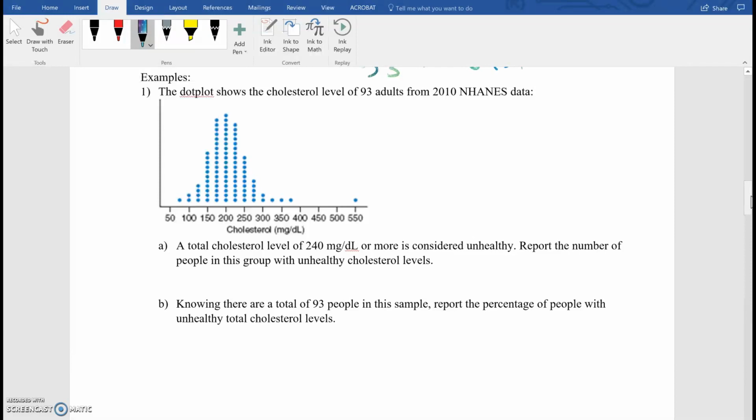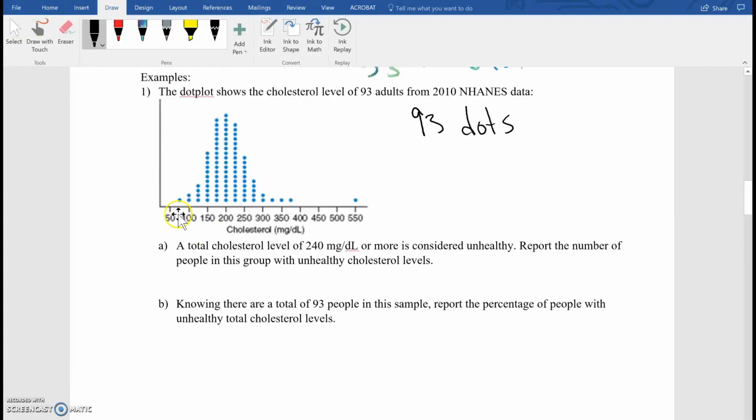It says here, the dot plot shows the cholesterol level of 93 adults from 2010. So we have 93 people, which means the total number of dots here is 93. Here are all their cholesterol levels.